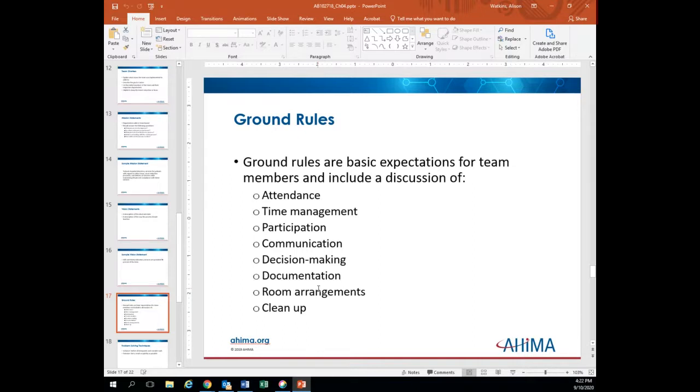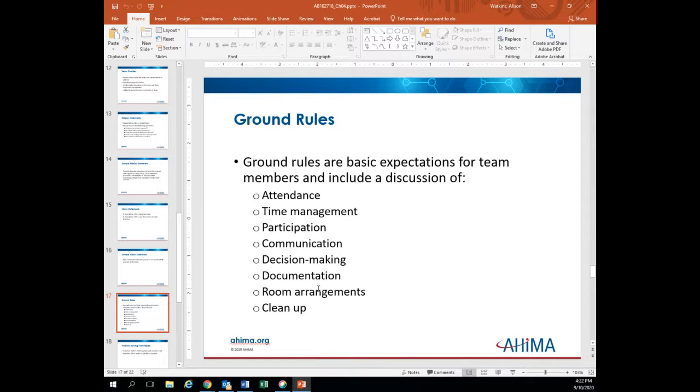So ground rules are basic expectations for team members and include a discussion of what are the attendance policies of the team. Maybe if a team member misses 2 consecutive meetings, they'll be replaced. I don't know, I'm just making something up there, but there needs to be some ground rules established and the team members agree to work within them.